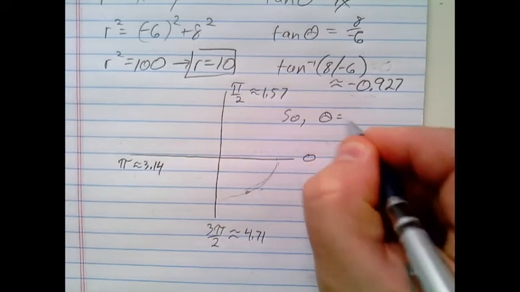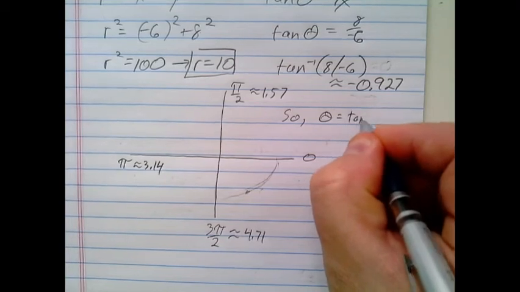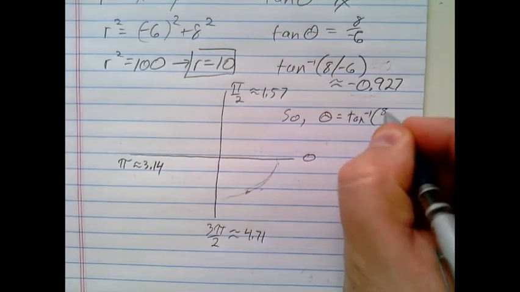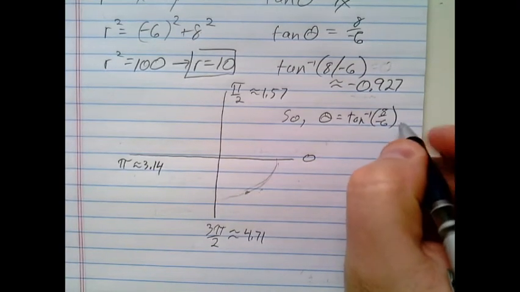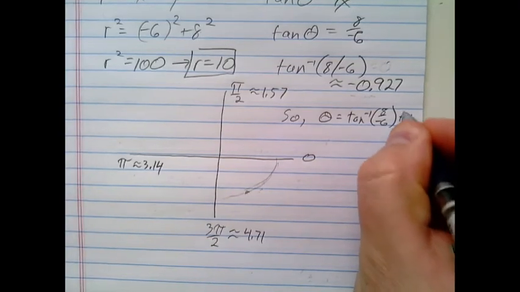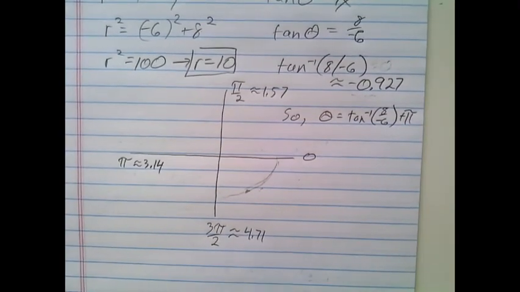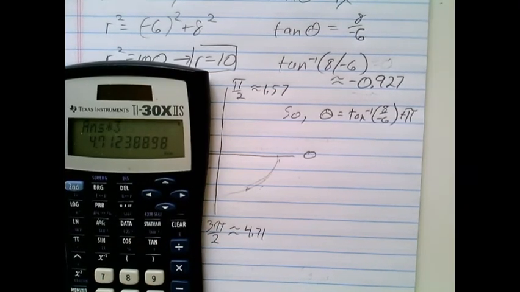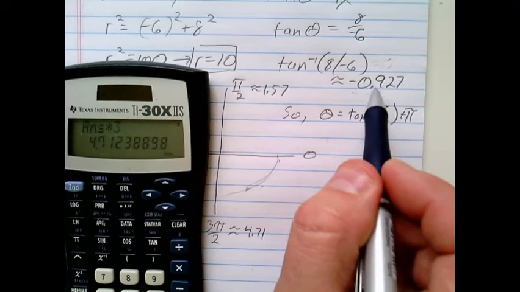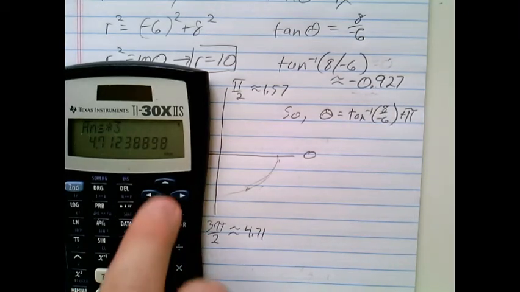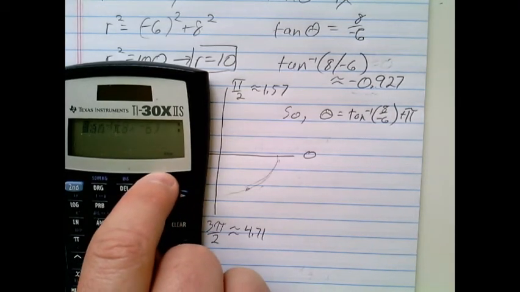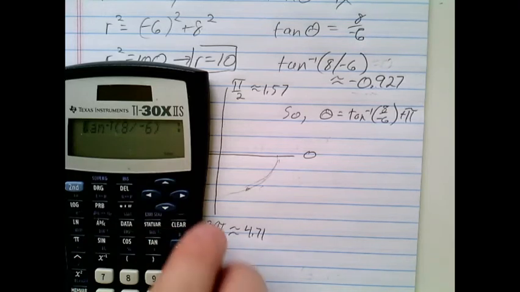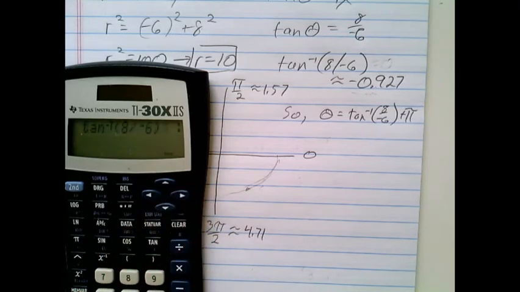So theta equals not tan inverse of 8 over negative 6, but tan inverse of 8 over negative 6 plus pi. It's the x and y coordinates that tell me I've got to add that plus pi, but I have to interpret where I'm at first. So there's that, but let's tack on a plus pi. 2.214.